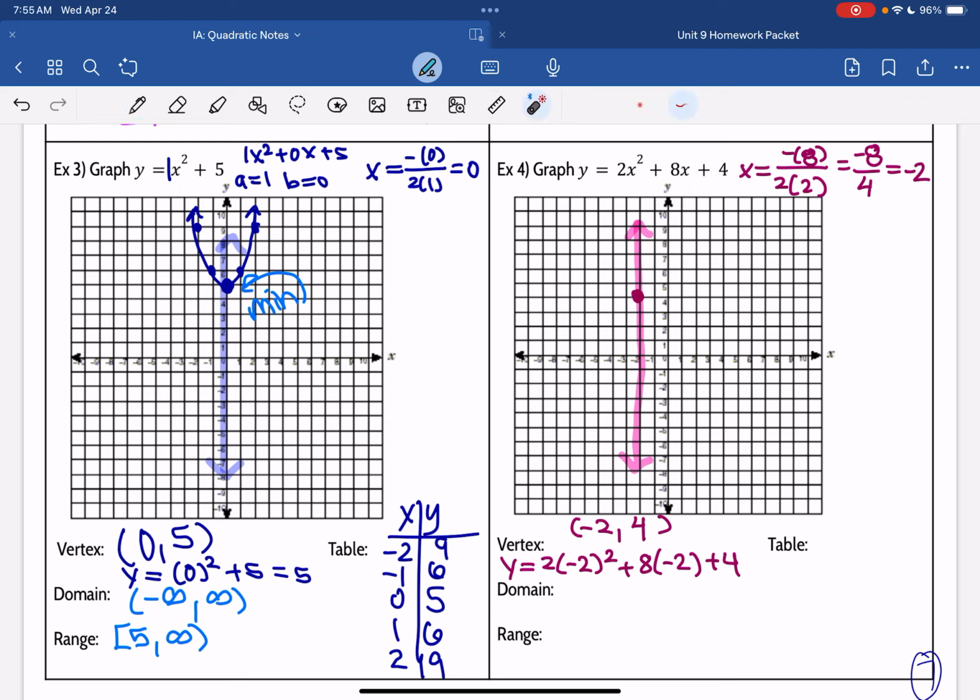Now, just from looking at our equation, this a value is a positive 2, which means our graph is going to look something like this. It's going to go up.